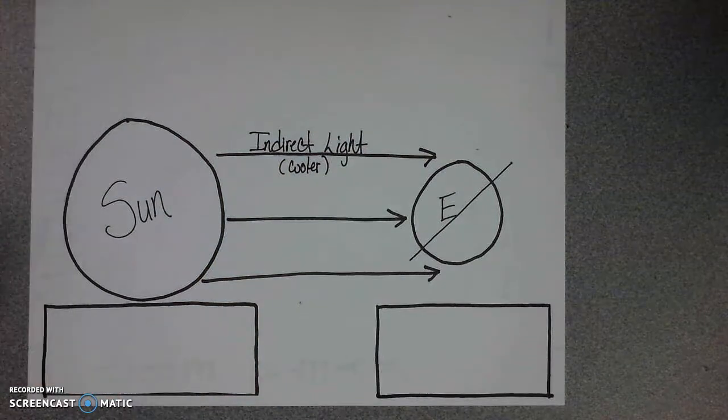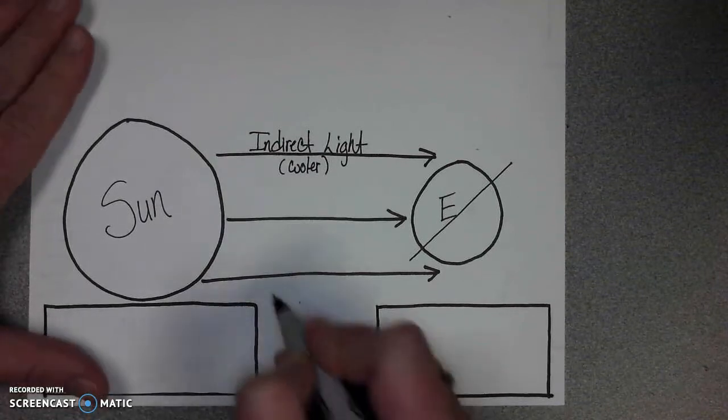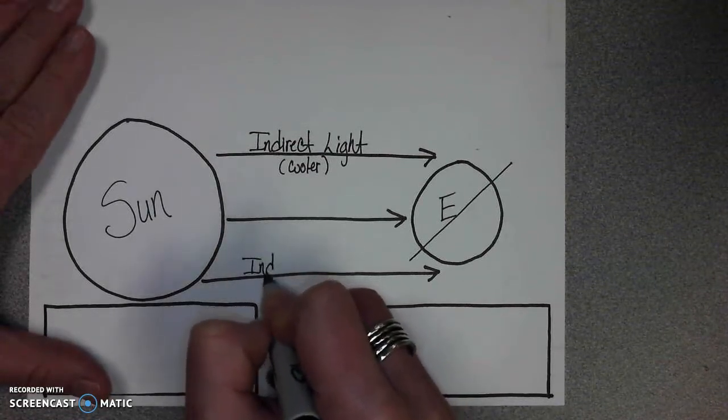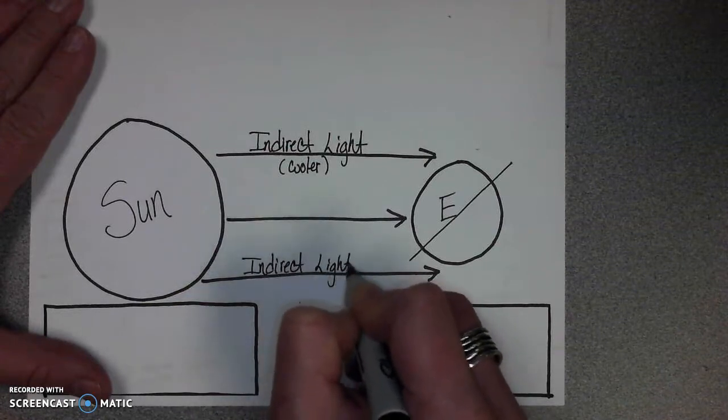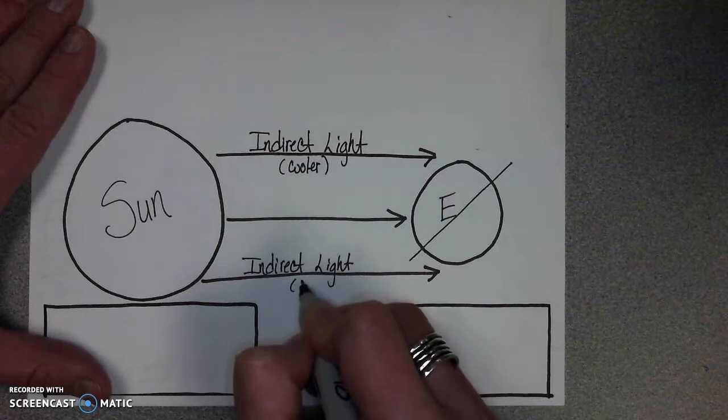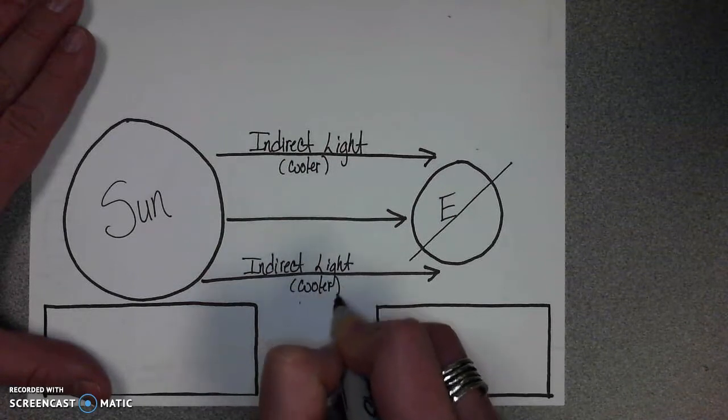You can think of this as the winter time, when we get hit with indirect light. This one is also indirect light, because we're not hitting straight on. So we're still getting that cooler temperature.